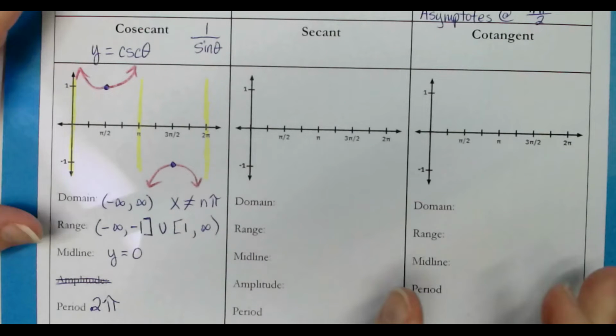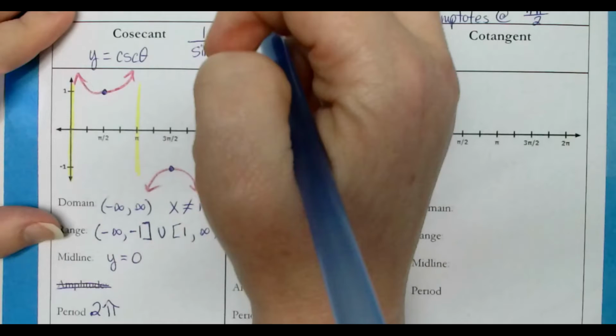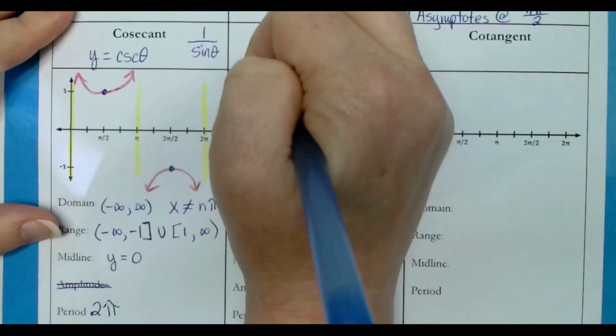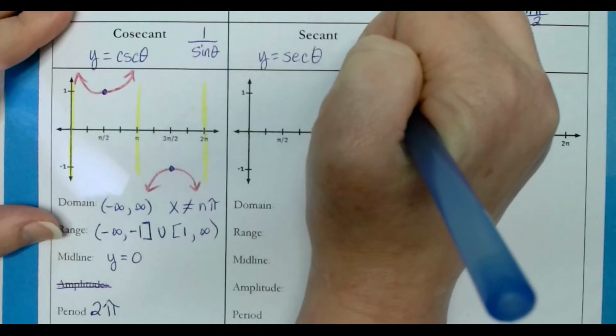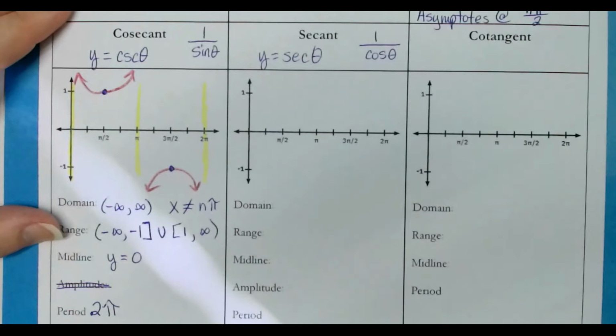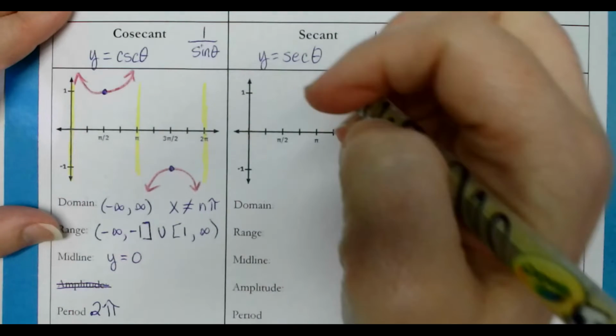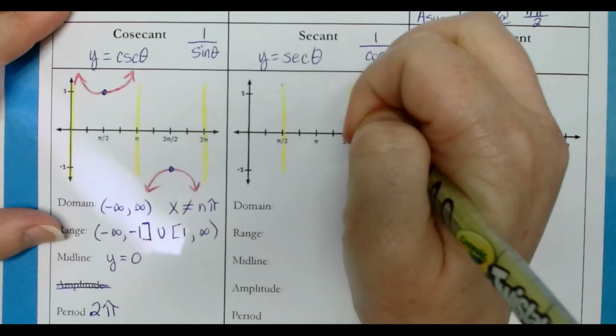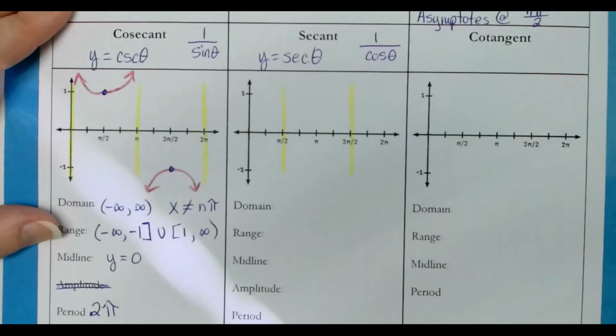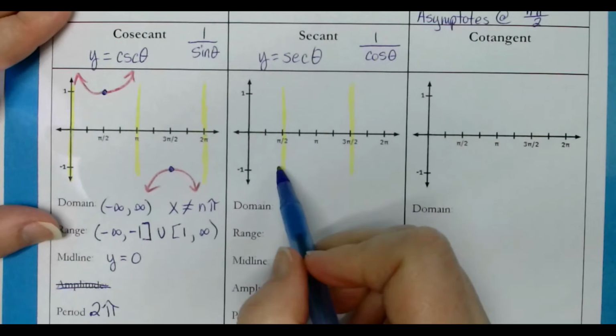All right. So now let's do our secant. How did we get our secant? Our secant was our cosine wave flipped. So my cosine equals 0 at pi over 2 and at 3 pi over 2. So 1 over 0, can't do that. So these are both vertical asymptotes.